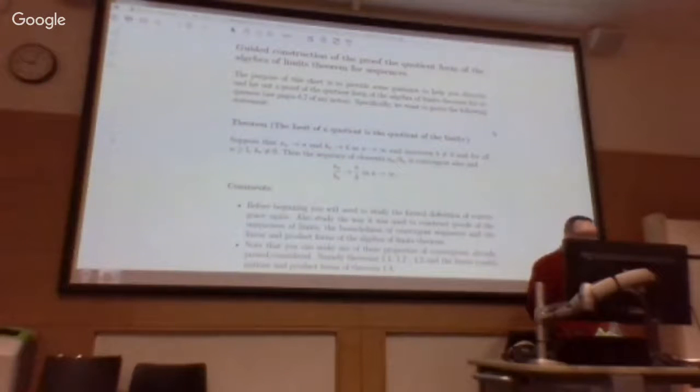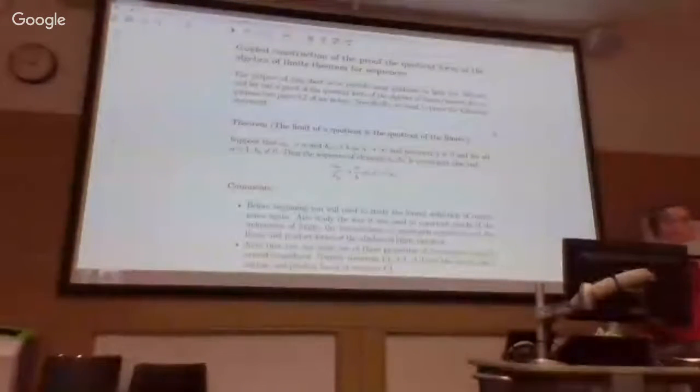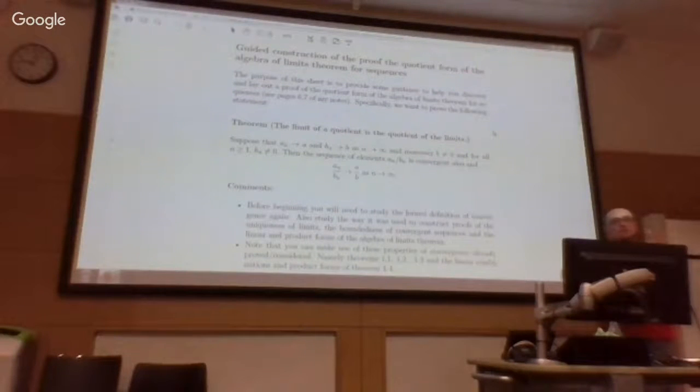When you form a new sequence by taking a multiple of an and adding it to some other fixed multiple of bn, that new sequence will also be convergent, and it converges to alpha a plus beta b, where alpha and beta are the two coefficients in the linear combination. We also proved the product form.